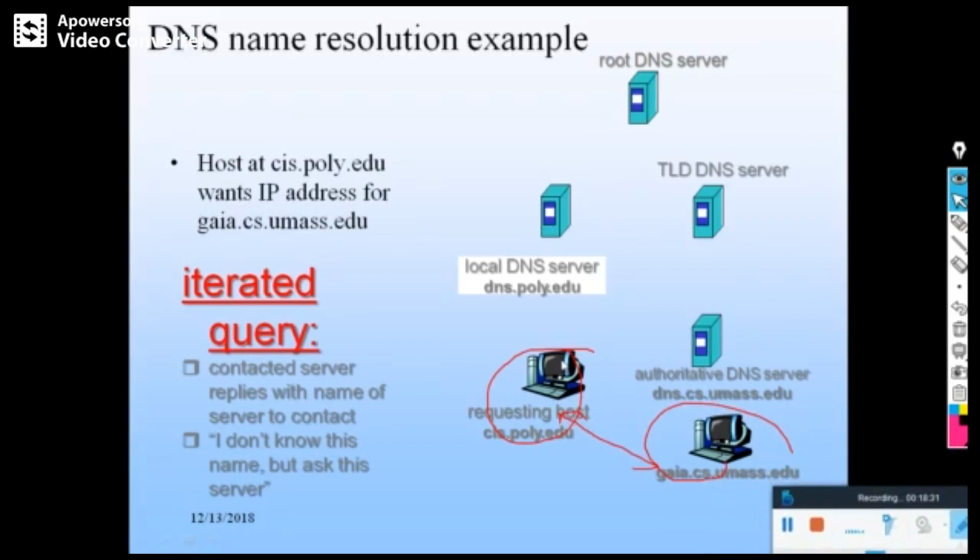So it will send the request first to the local DNS server, which for this domain poly.edu is nothing but dns.poly.edu. If it can resolve the query, then okay. Otherwise, we will see now how it works. First the request goes to the local DNS server. If it cannot resolve, then it will go to the root DNS server.